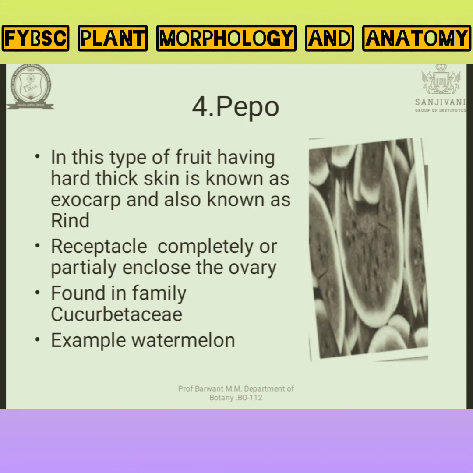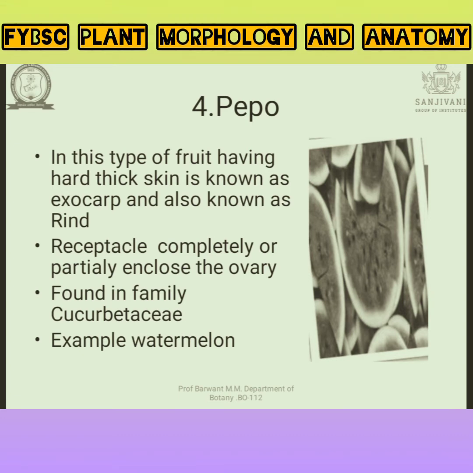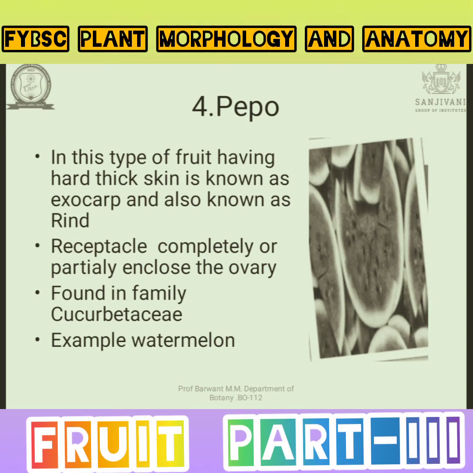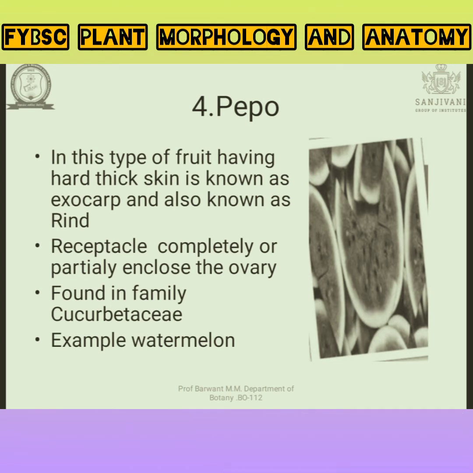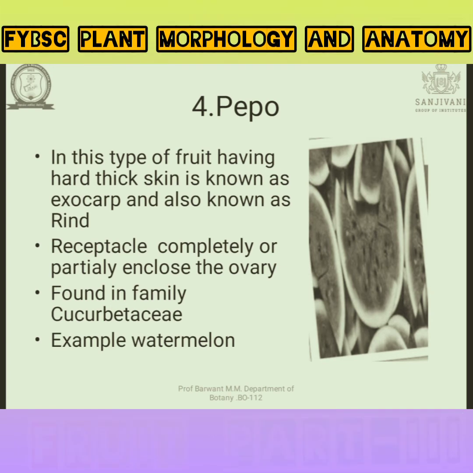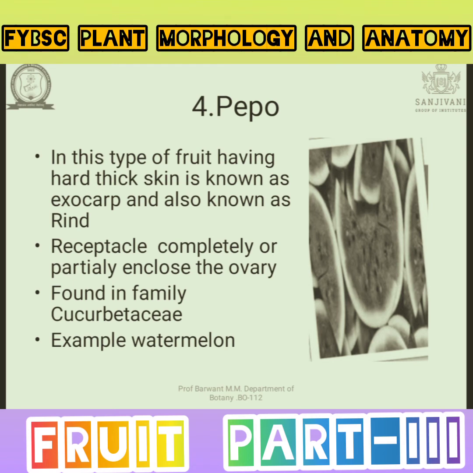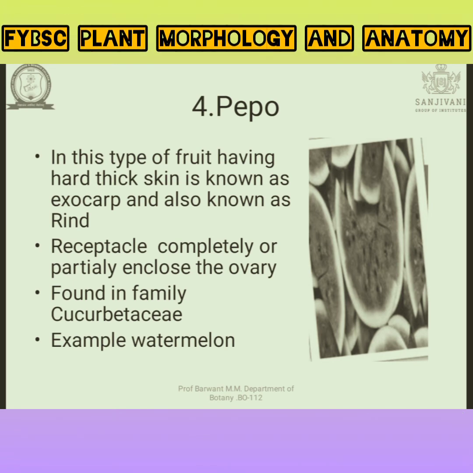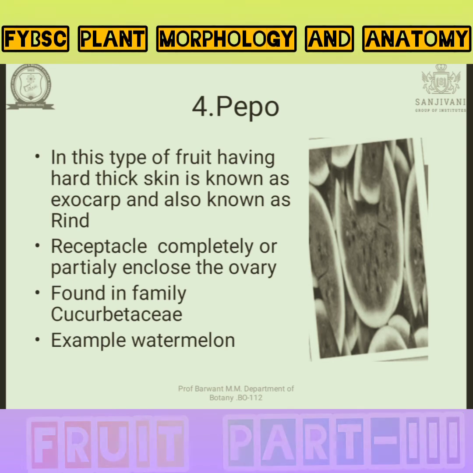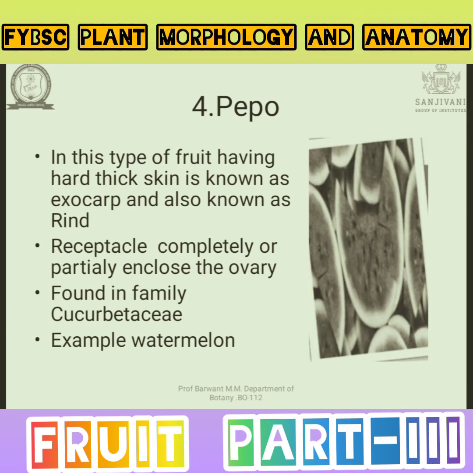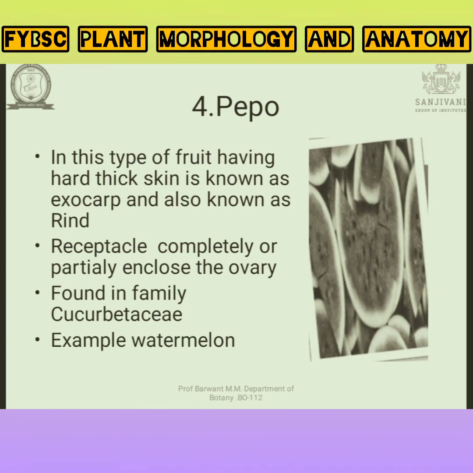Next, fruit number 4, that is the pepo fruit. In this type of fruit, the hard thick skin is known as exocarp and also known as a rind. Let me repeat that sentence.